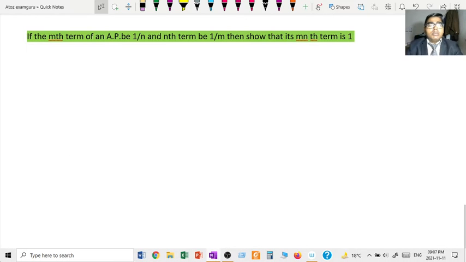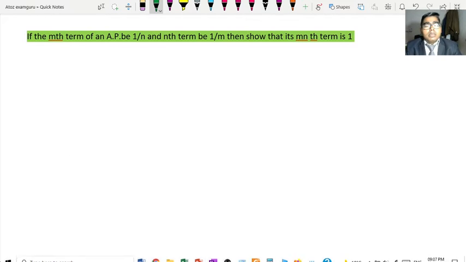It is given to us, if the mth term of an AP is 1 by n, and the nth term is 1 by m. It means the mth term of an AP is 1 by n.